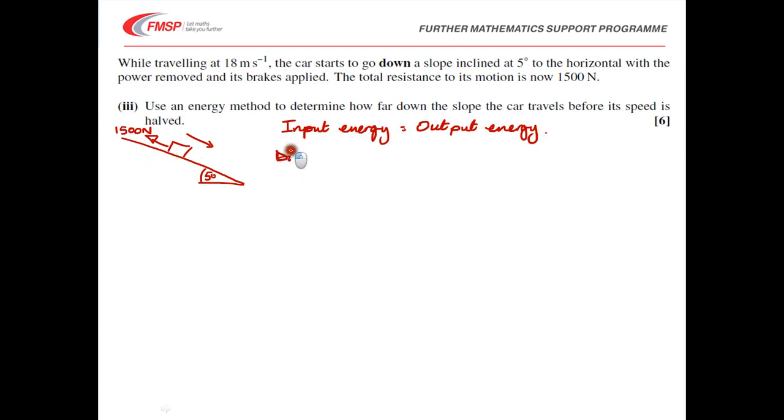So this is going to be particularly useful for working out some of the values that we're looking for in here. So it's going to travel a distance d down the slope. It starts off with, initially, kinetic energy because it has speed, and gravitational potential energy, because it's sliding down the slope.